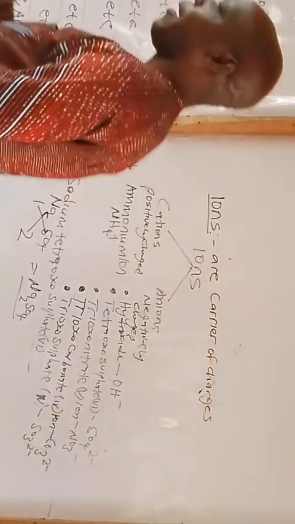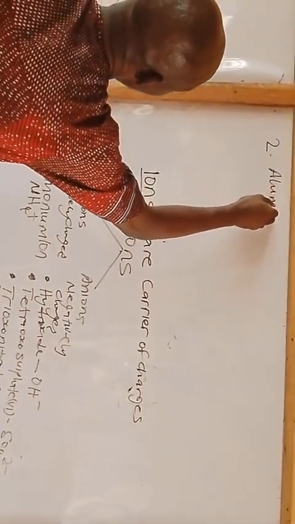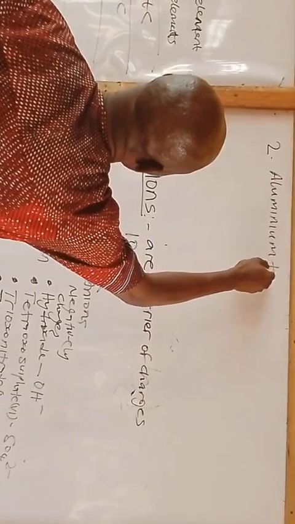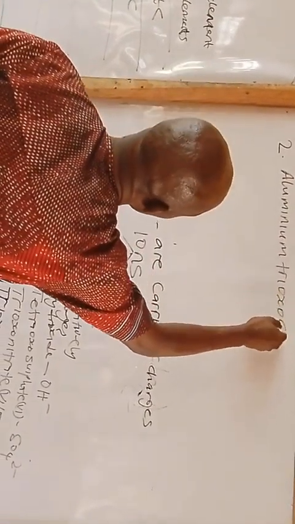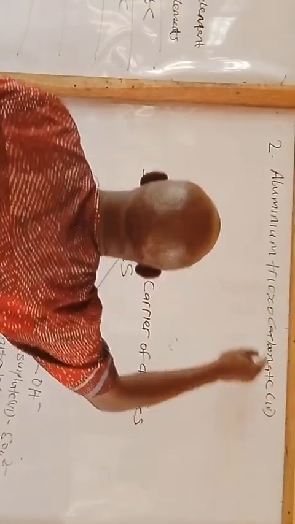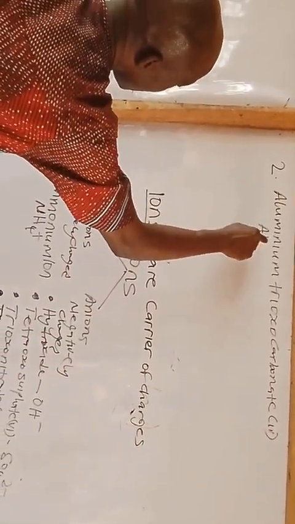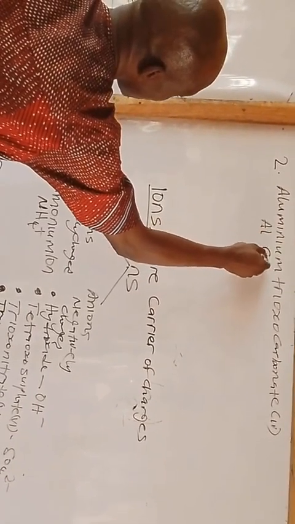We have aluminium trioxocarbonate 4. That will be formed between aluminium and CO3.